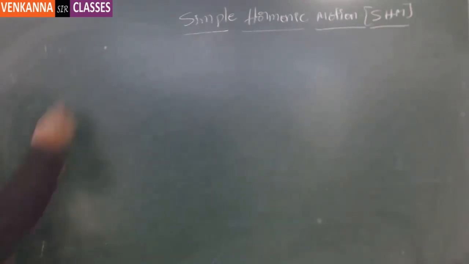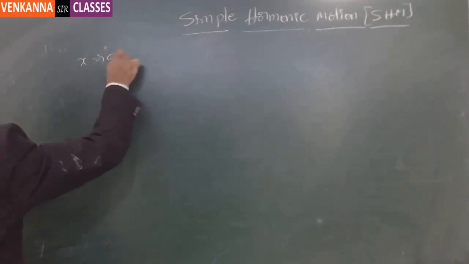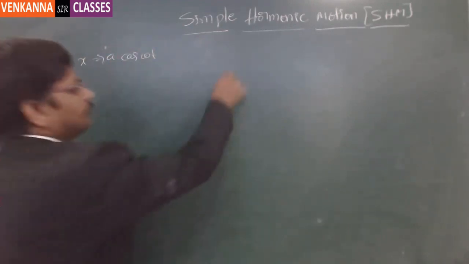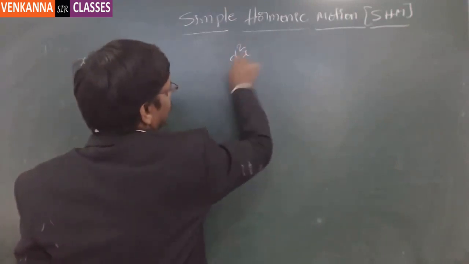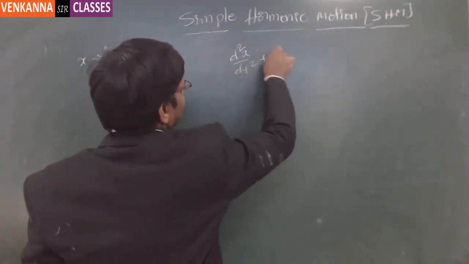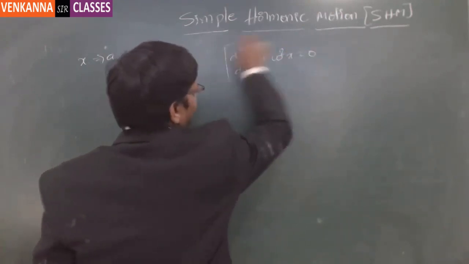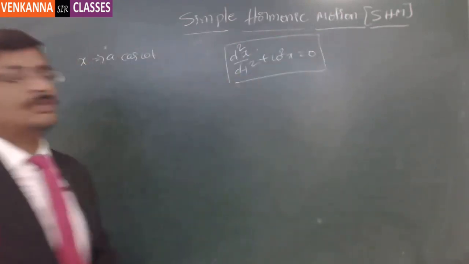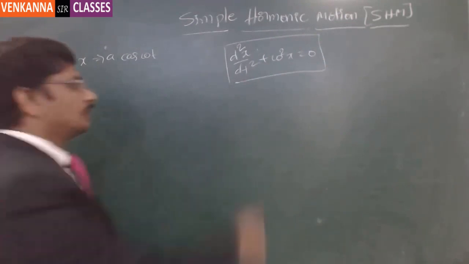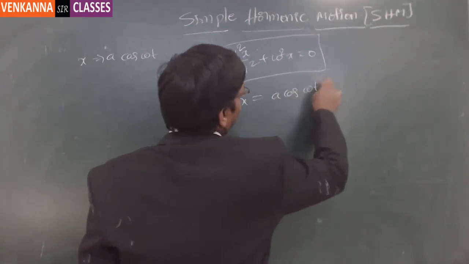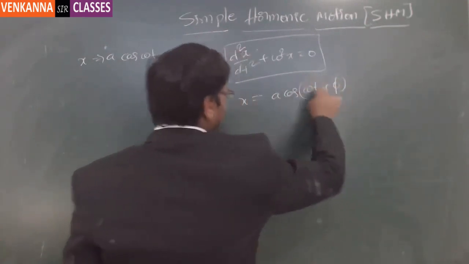Right? So x is equal to a cos omega t is the simple harmonic motion. Now in differential equations, d square x by dt square plus omega square x equals 0. The solution of this differential equation is x is equal to a cos omega t plus some arbitrary constant phi.